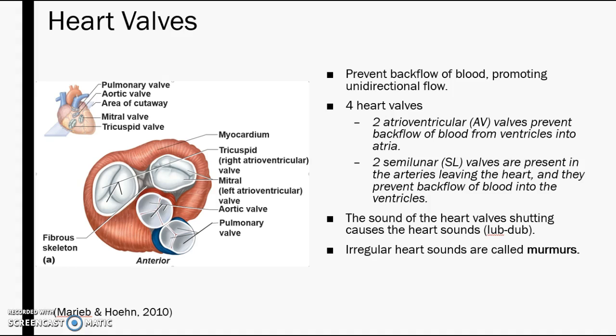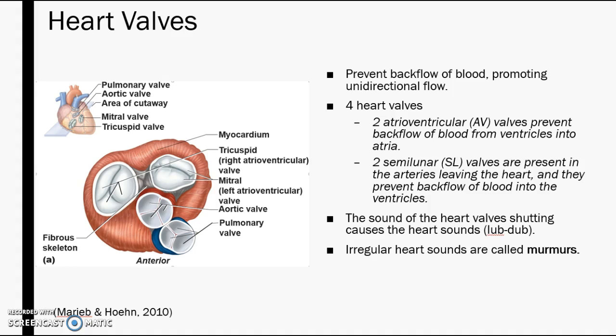The 2 atrioventricular valves function to prevent backflow from the ventricles into the atria. So once blood passes through them, then back pressure will shut those valves and no blood will go back into the atria. It will stay in the ventricles, where then it will be pumped through the semilunar valves into the vessels that carry blood away from the heart.